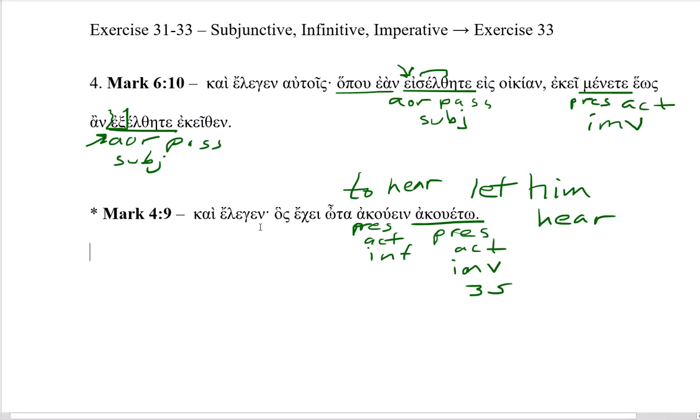So, and he said, who or whoever has an ear to hear, let him hear. Here's a nice example of an infinitive working with the verb echō. Whoever has to hear, it's a complementary infinitive. And then we have the command, let him hear. That's an imperative.